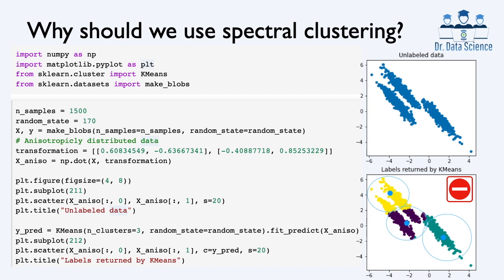Because this data set is not linearly separable, K-means clustering fails to provide a reasonable clustering of the data. Therefore we are now looking for a more sophisticated clustering algorithm that is able to correctly identify these clusters. So this is the motivation for why we want to learn about spectral clustering.